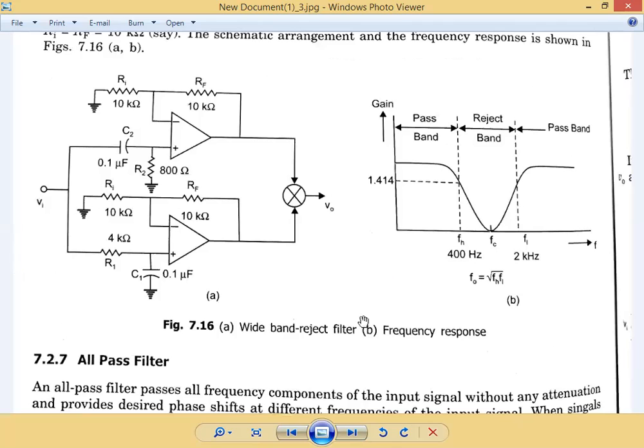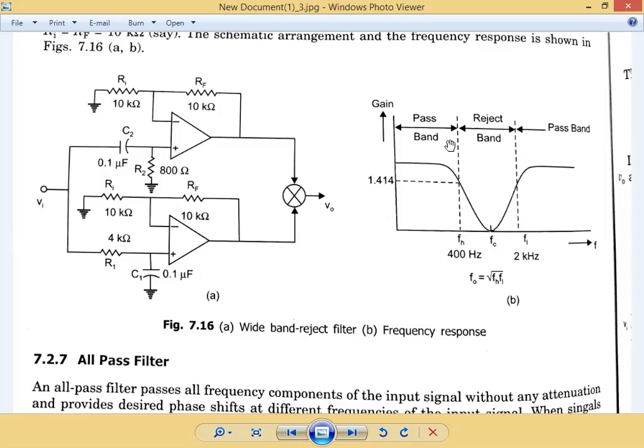Coming to this wide band reject filter, you can see that we obtain it simply by using a low pass filter, a high pass filter, and an adder.